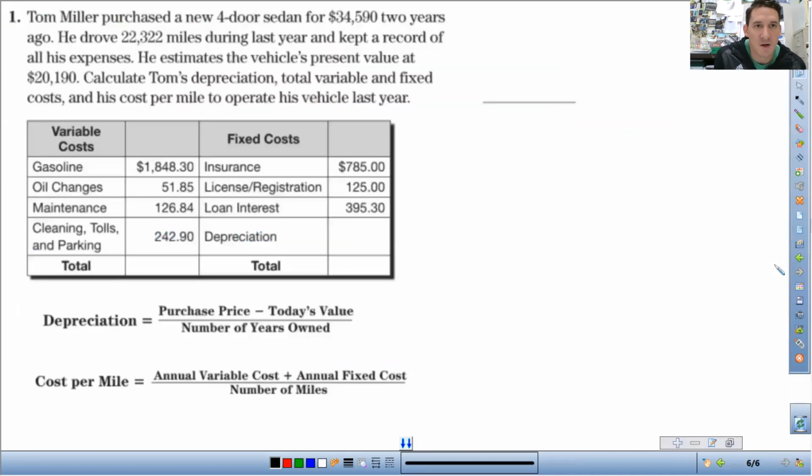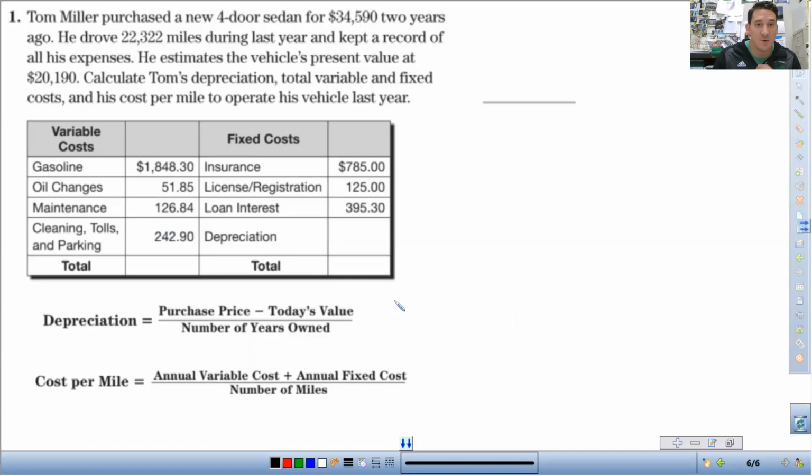Tom Miller purchased a new 4-door sedan for $34,590 2 years ago. He drove 22,322 miles during the last year and kept a record of all his expenses. He estimates the vehicle's present value at $20,190. Calculate Tom's depreciation, total variable and fixed costs, and the cost per mile.